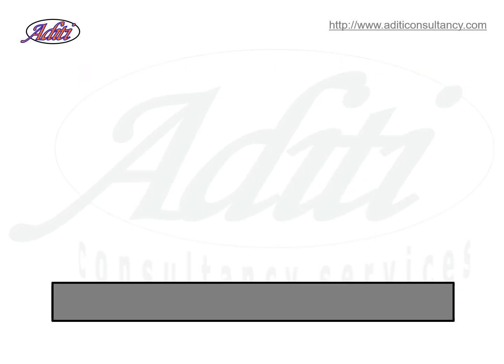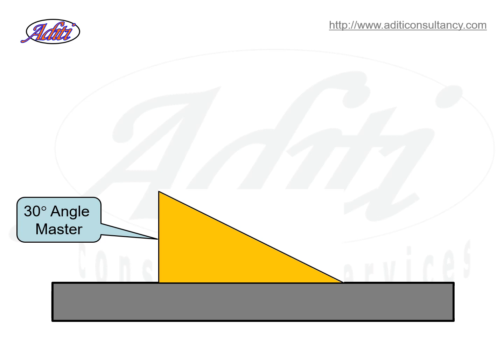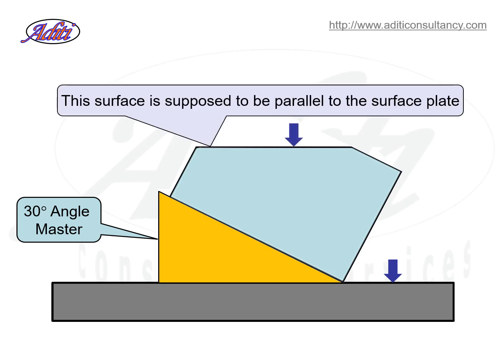How do you check angularity? For that you need a master whose angle is exactly equal to the given basic angle. Keep that master on a horizontal surface plate, and on the master keep the part which is supposed to be checked. Now this surface is supposed to be parallel to the surface plate. Now check whether the surface is parallel or not.